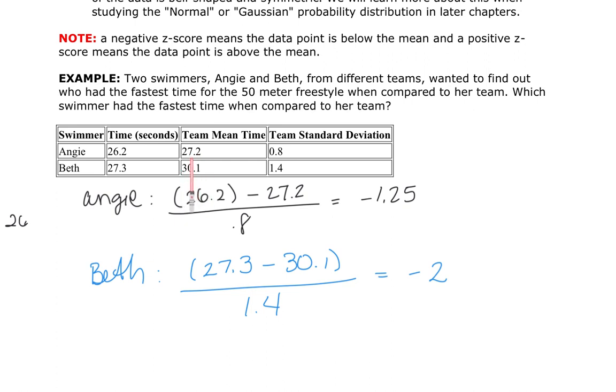So Angie's team pretty much all are around that 27.2 mark, whereas Beth's team aren't as closely clustered. So to answer the question, the answer is Beth, because she's actually 2 deviations below her team average, when we're comparing the swimmer to their team. If we compare them to each other, obviously Angie is the quicker swimmer.